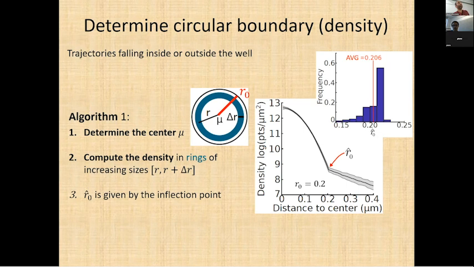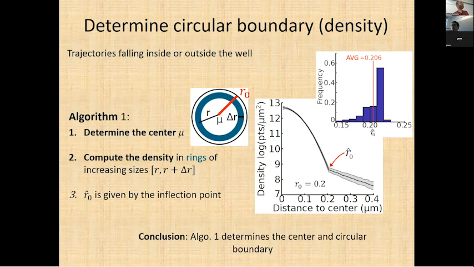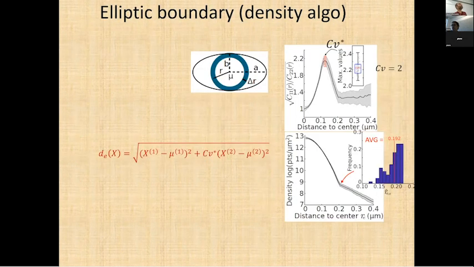At some point you will have a discontinuity, and this is the point the algorithm is looking for; it gives an estimation of your boundary. So the algorithm is: first determine the center, compute the ring between R and R plus dr, and look at the inflection point, which gives you an approximation of the boundary. This is algorithm number one.